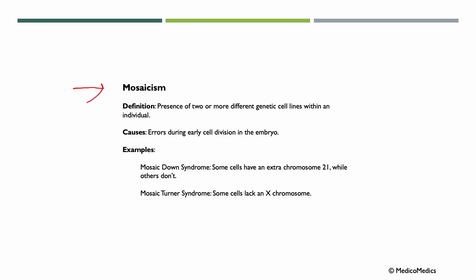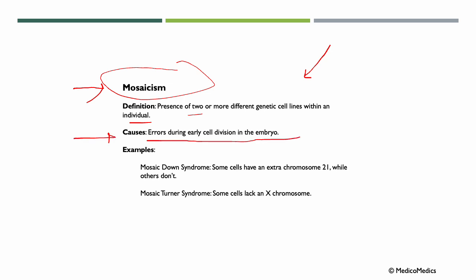Mosaicism, however you want to pronounce that, is the presence of two or more different genetic cell lines within an individual. So it's like having two types of cells in your body, each with a slightly different genetic makeup. It is caused by errors during early cell division in the embryo. An example is mosaic Down syndrome. So some cells have an extra chromosome 21 while others don't.